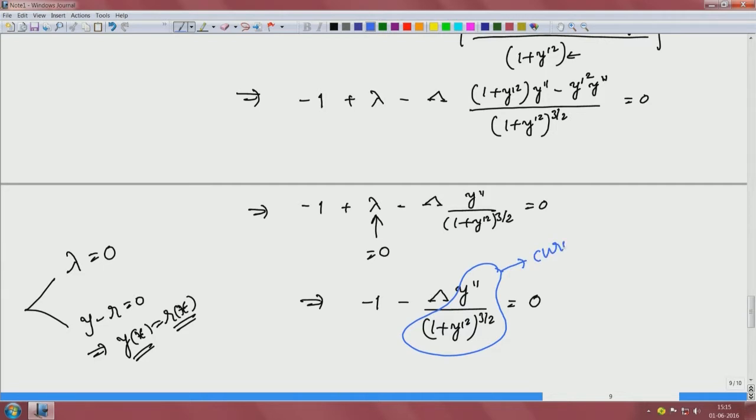In your beam theory you would have used this result many times: y double prime divided by 1 plus y prime square raised to 3 by 2 is curvature. What this is saying is that whenever you do not follow the river profile, you should choose a curve which has constant curvature. Because of lambda and minus 1, everything else is constant here, so this curvature is not a function of x.